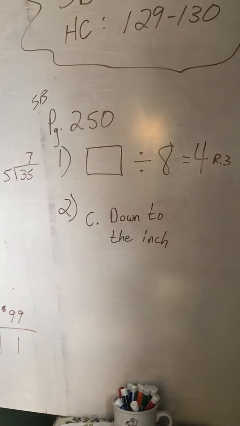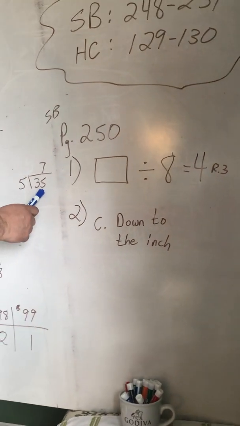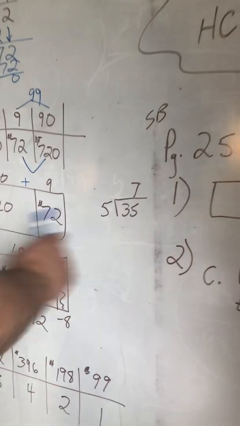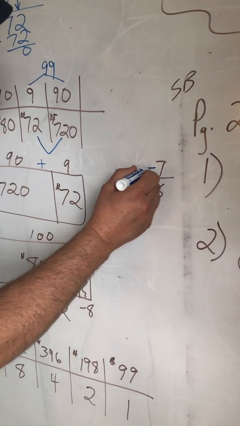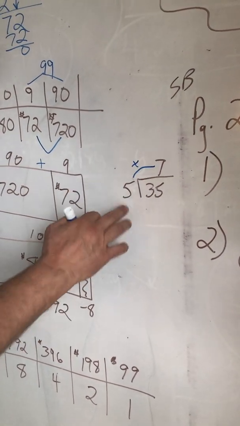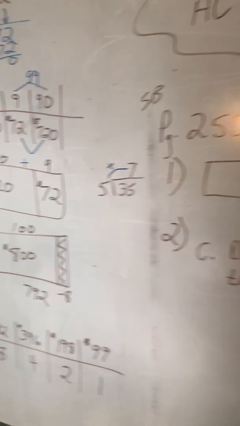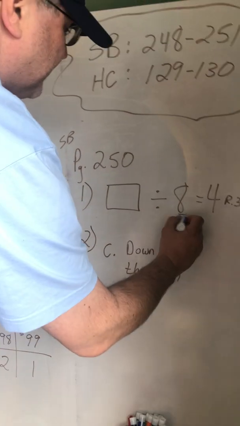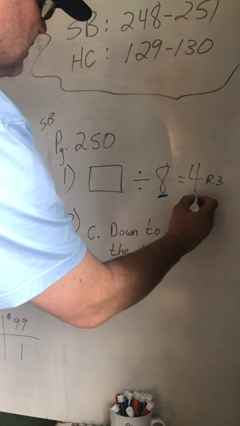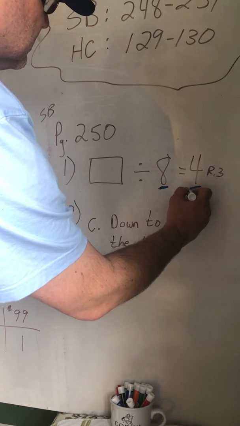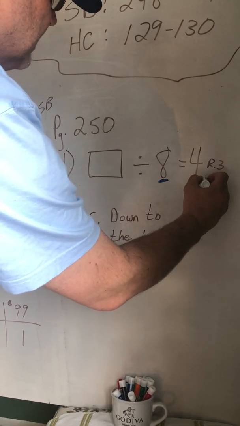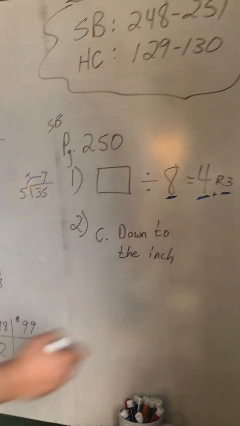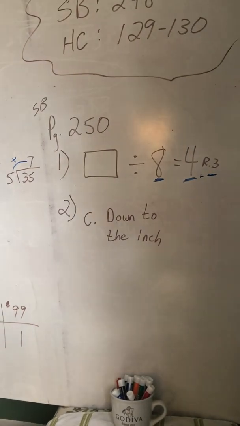Look at this one. 35 divided by 5 is 7. Isn't 7 times 5 35? So that means this times this plus the remainder should give you that, right?